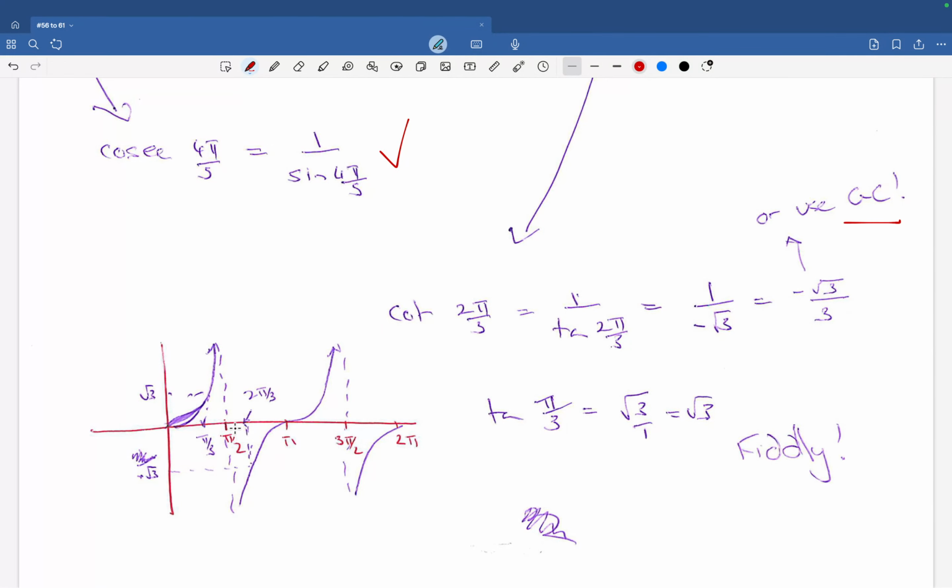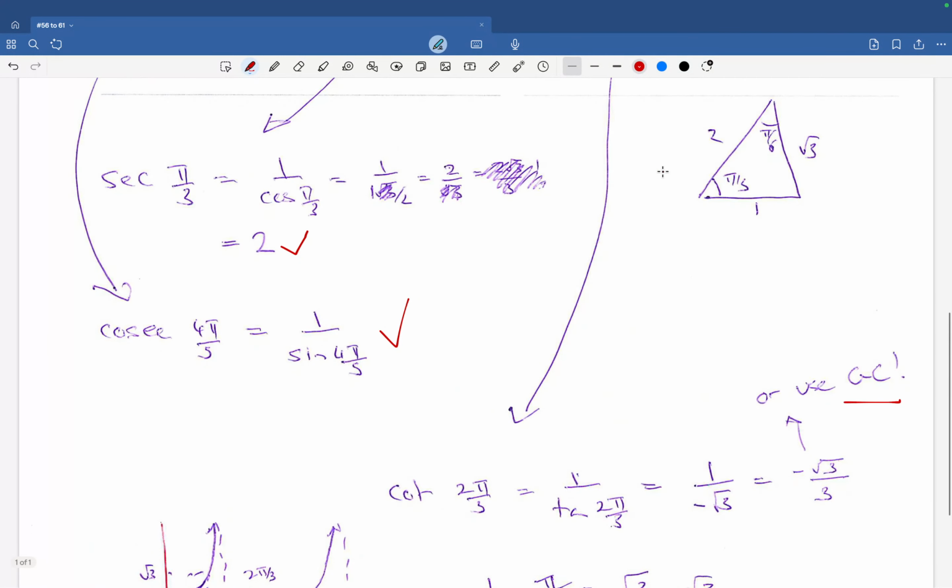Now, okay, well, 2/3 pi by symmetry, this value is negative, but if we look at pi over 3, as we know from a special triangle, let's go up here. Tan pi over 3 is square root 3 over 1.